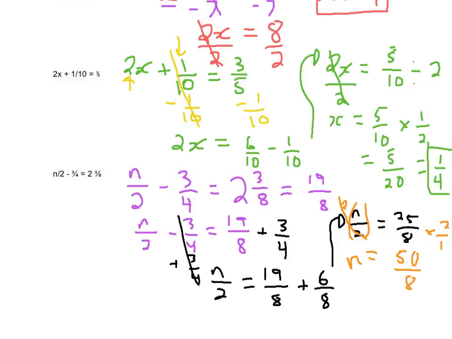We can leave it like that, or we could put it back into mixed number form, and that works out as 6 2/8 or 6 1/4. Either of those answers would be fine. That's some two-step equations. I hope that's helpful.